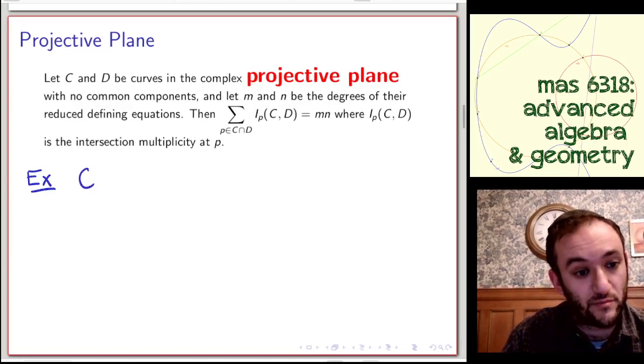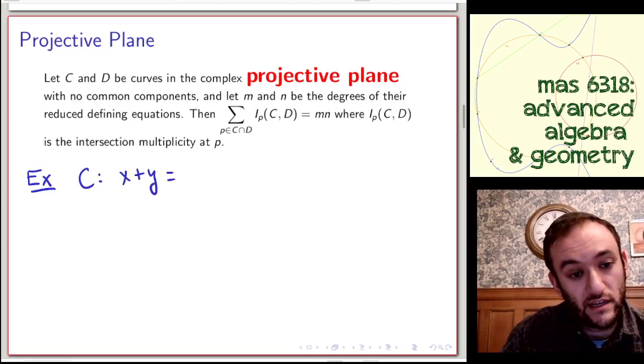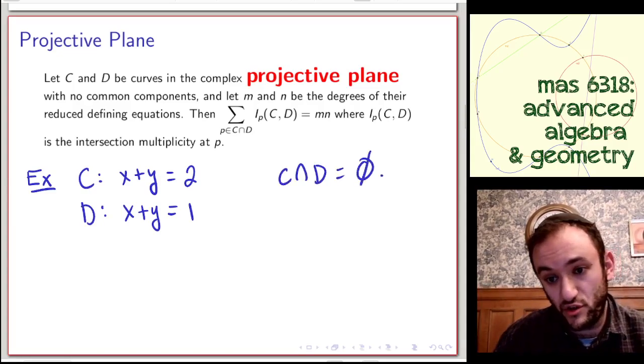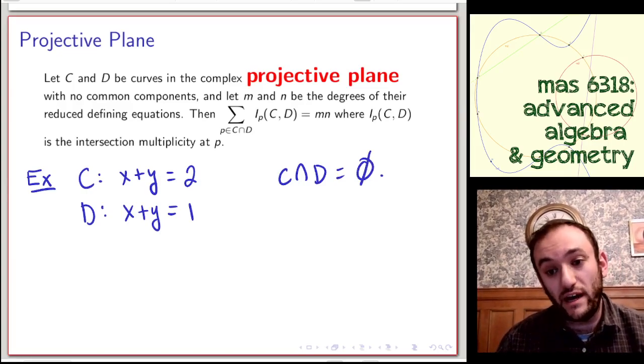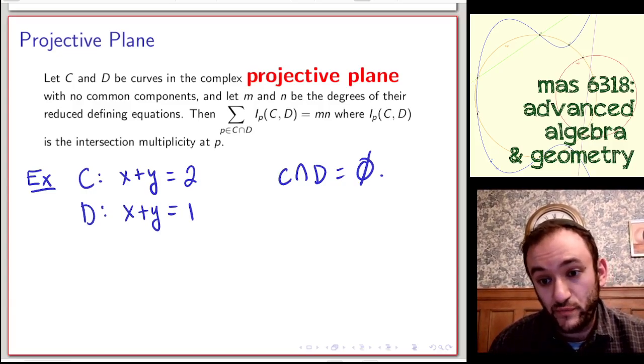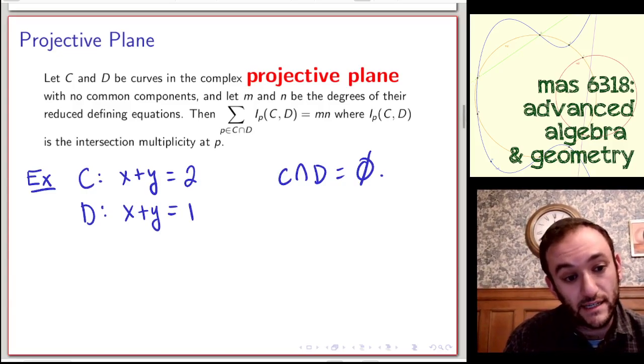So an example where we wouldn't have an intersection that we need would be if you have x plus y equals 2 and x plus y equals 1, then C intersect D will be empty. There's no pair of values x, y where x plus y is both equal to 1 and to 2.